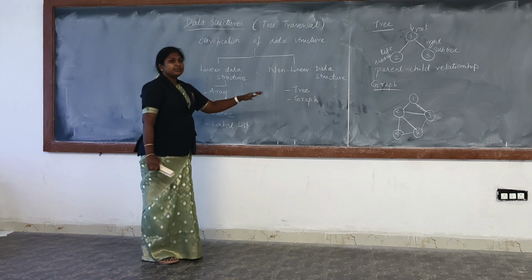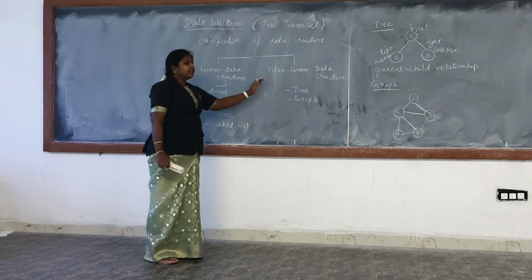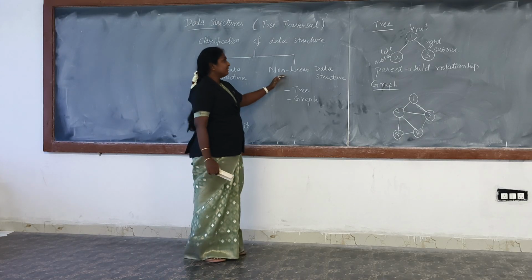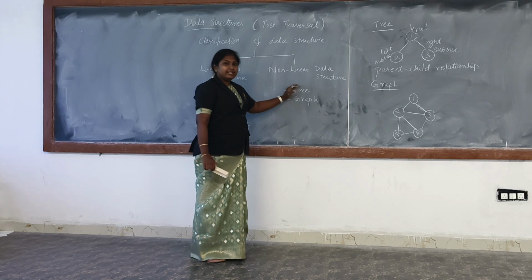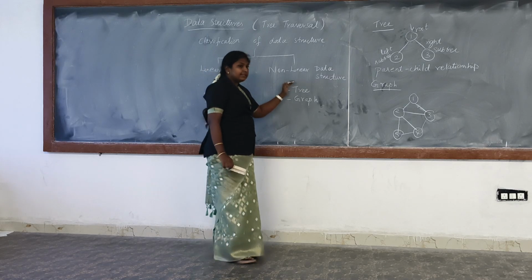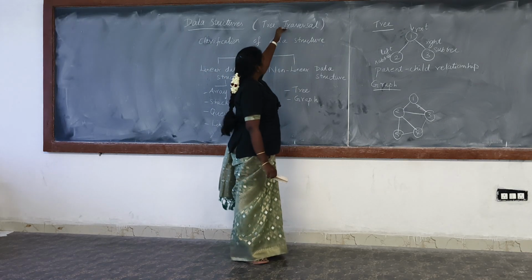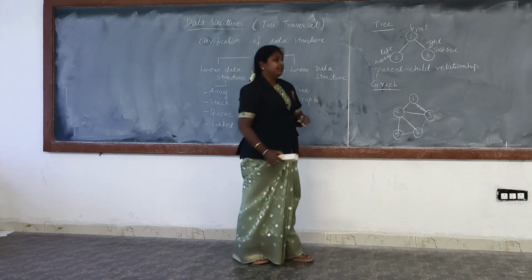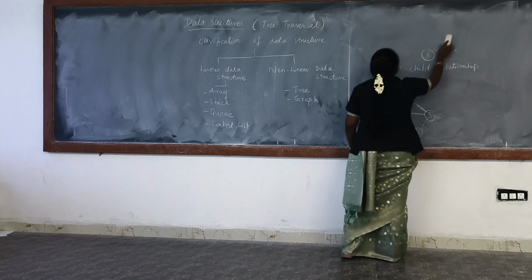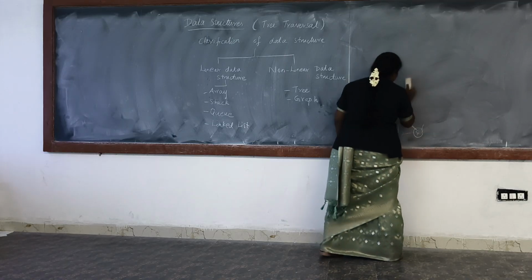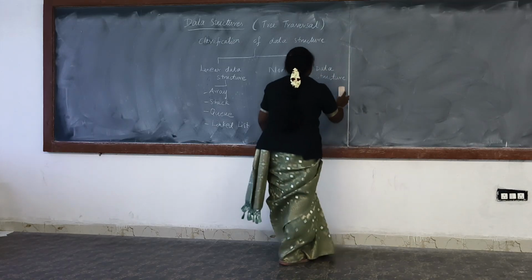Under classification of data structure, we have seen linear data structure and non-linear data structure. Under non-linear structure, there is a structure called tree. Under this tree concept, we are going to learn what is tree traversal. Let me tell you the definition for tree traversal.